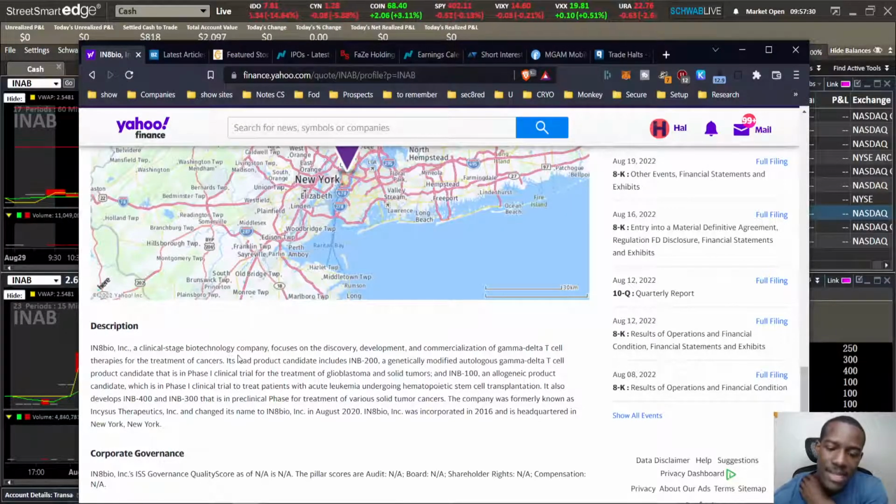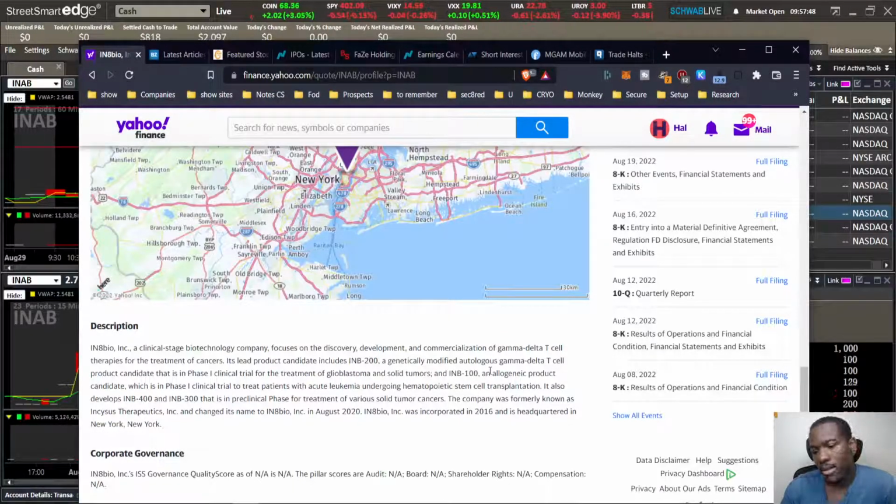Clinical stage biotechnology company focused on the discovery, development, and commercialization of gamma delta T cell therapies for the treatment of cancers. Its lead product candidate includes INB-200, a genetically modified autologous gamma delta T cell product candidate that is in phase 1 clinical trial for the treatment of glioblastoma and solid tumors.